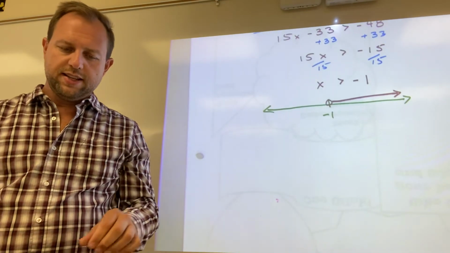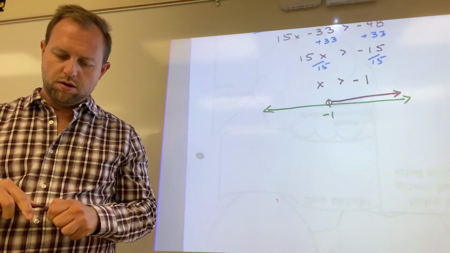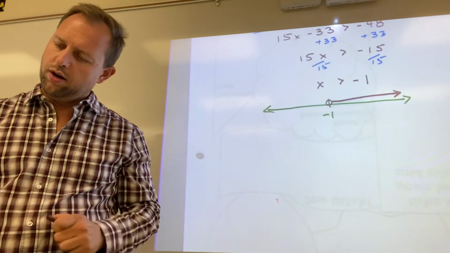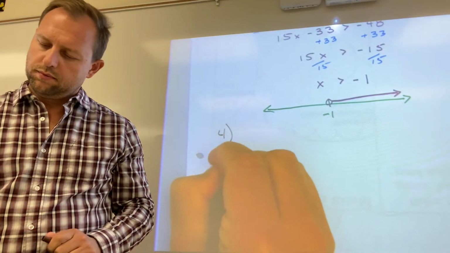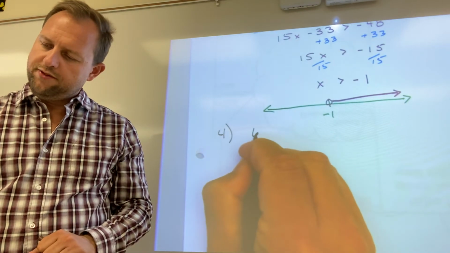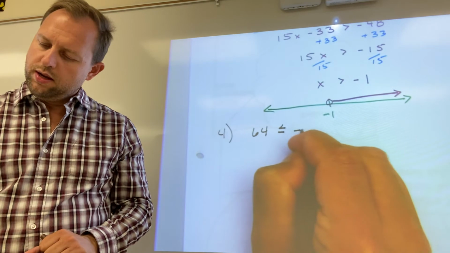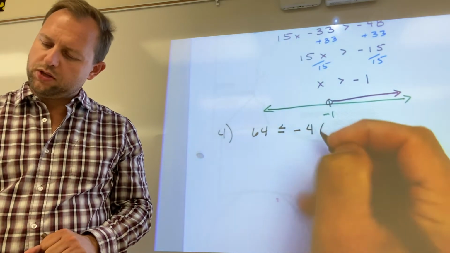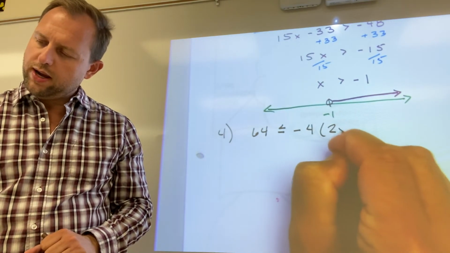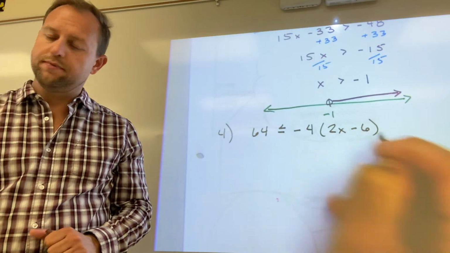For our last example, number 4: 64 is less than or equal to negative 4 times the quantity 2x minus 6.